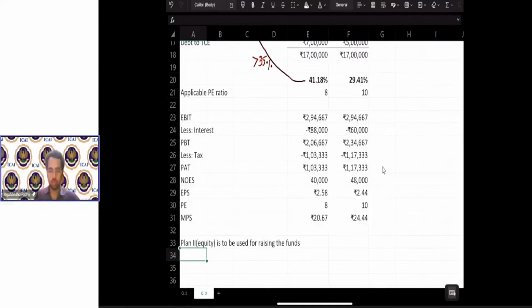So right now, I wish to start with a new concept. Darshan is asking, let me see if there are queries. Darshan is asking, EBIT is determined using ROC. Yes, Darshan, you're right. EBIT will be determined using the ROC.